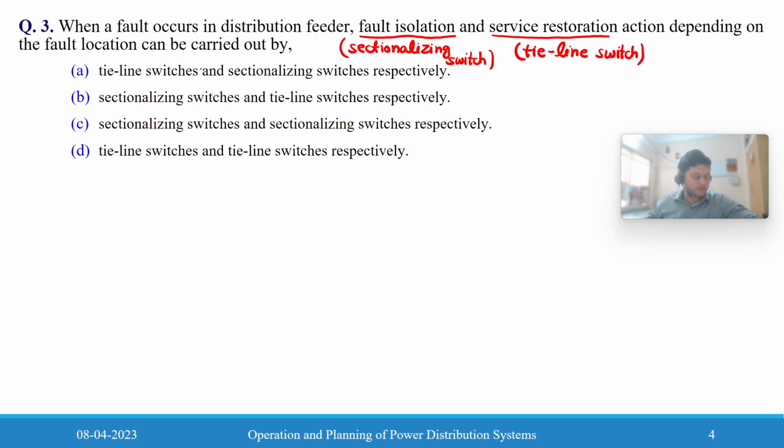The correct option for this third problem is B, sectionalizing switches and tie line switches respectively.